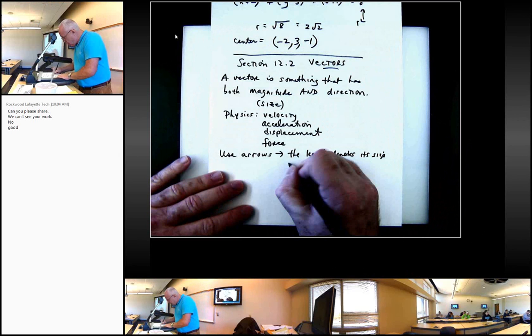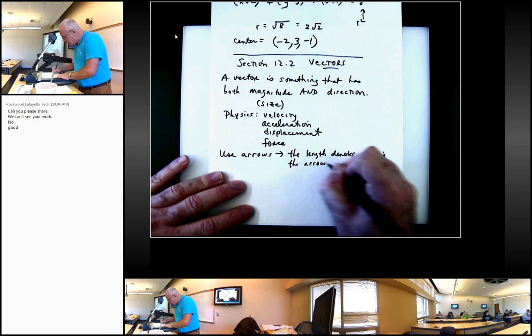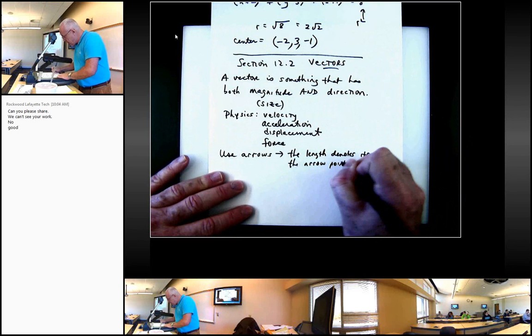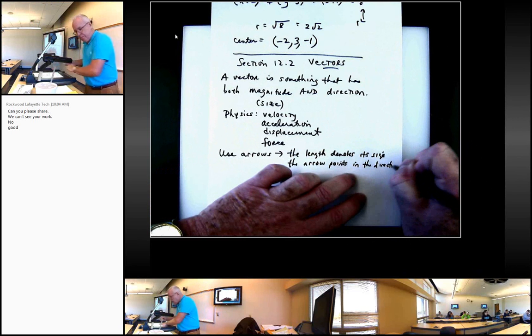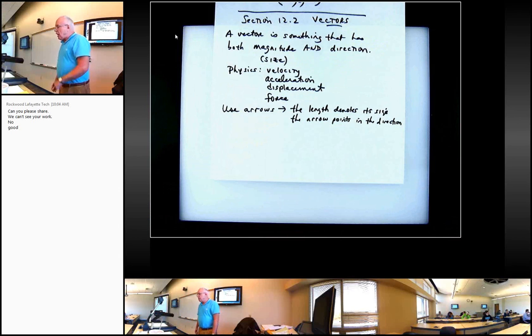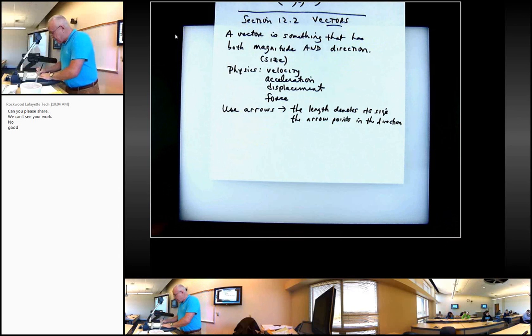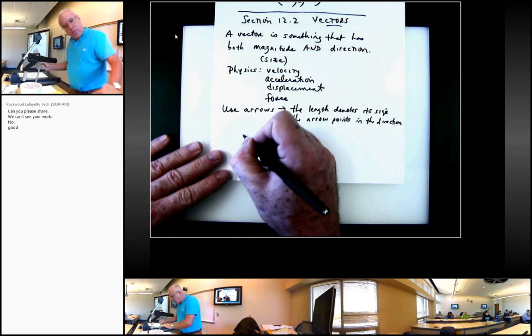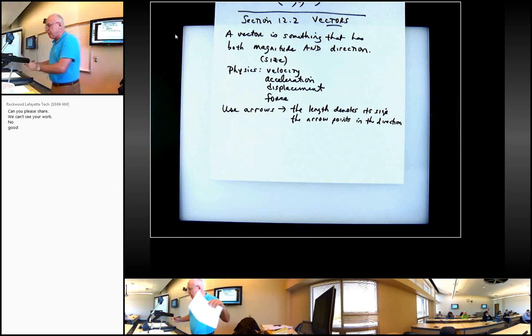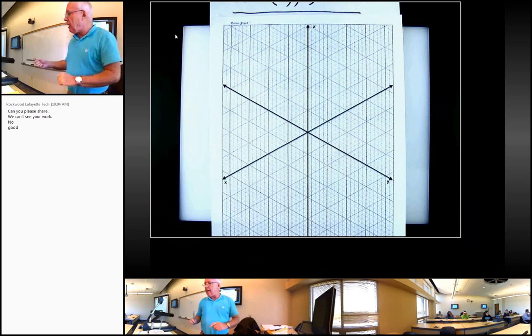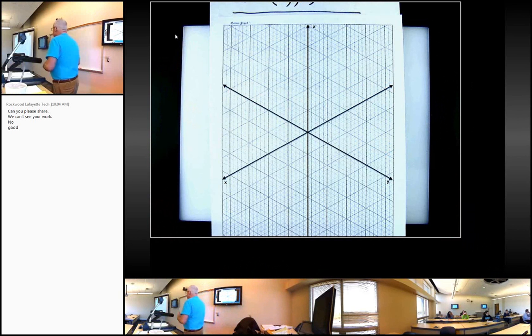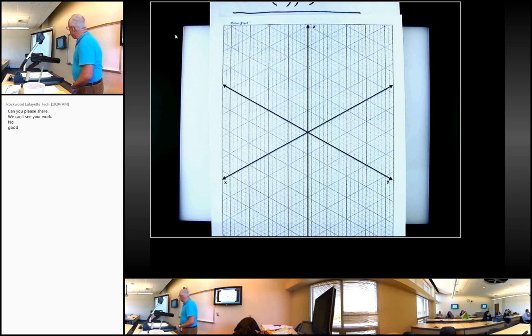And the arrow points in the direction. All right. Okay. So therefore, we have here, for those of you for whom this is the first class, this is like a 3D graphing where you have X, Y, and Z, and I made these a little bit darker, so those other lines show up a little bit better than the other day.